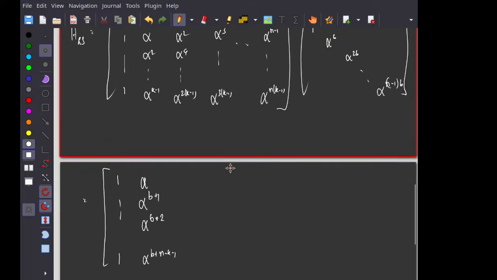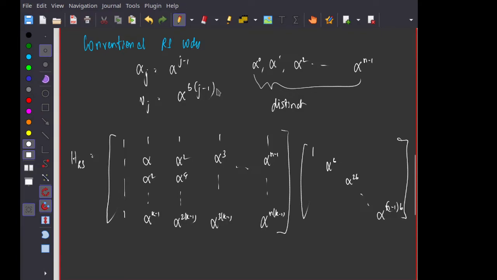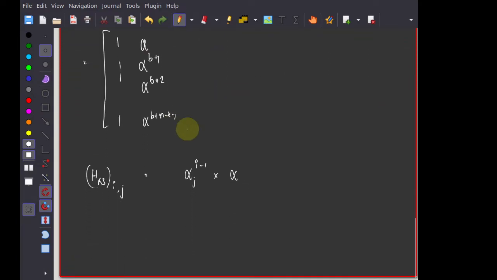alpha. So what is the jth entry in this? It is alpha raised to b times j minus 1. But what is alpha j? Alpha j is alpha raised to j minus 1.